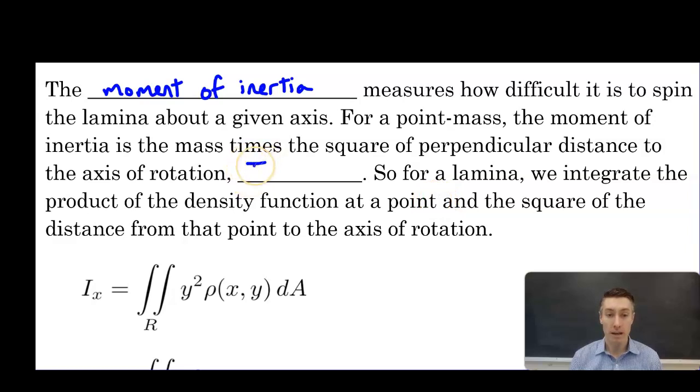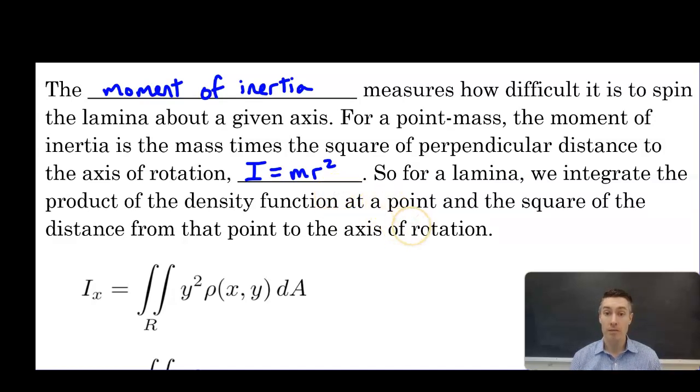So you may have seen in physics, I equals mr squared. I is the moment of inertia, m is the mass, r is the perpendicular distance to the axis of rotation. R kind of makes sense because we are talking about a radius, since if we were to spin about an axis, we would create a circular path.